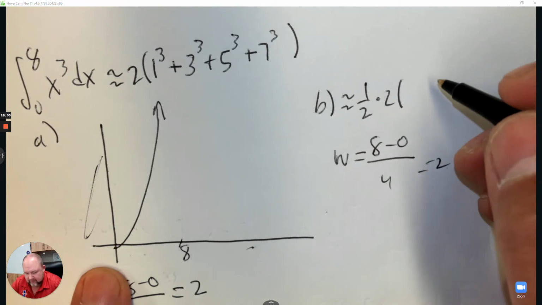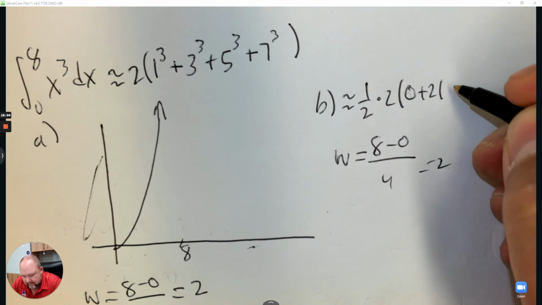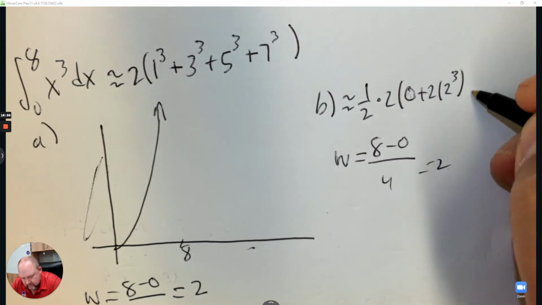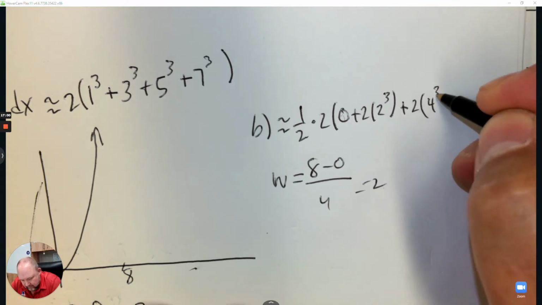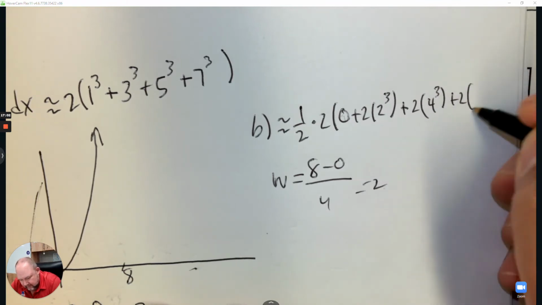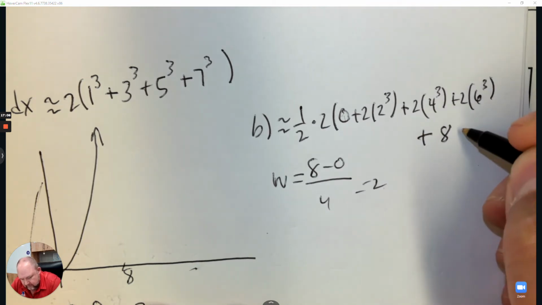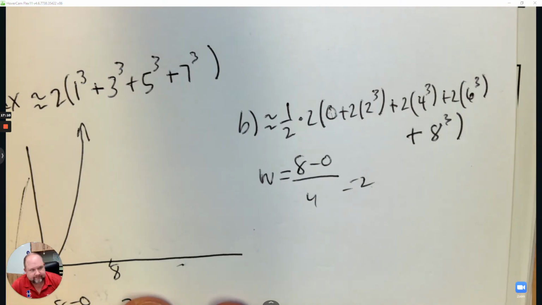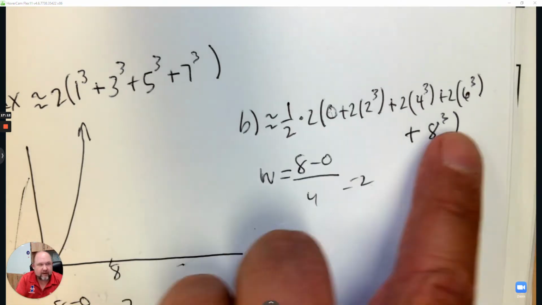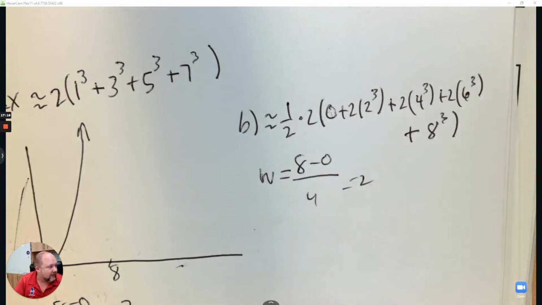The first one I would plug in is 0, and then you would double, and the next one would be 2, and then the next one you double would be 4, and the next one you would double would be 6, and then the last one you would not double. These are the heights, and the first height and the last height are not doubled.